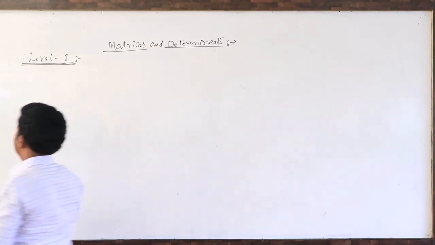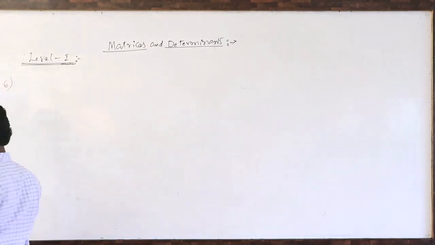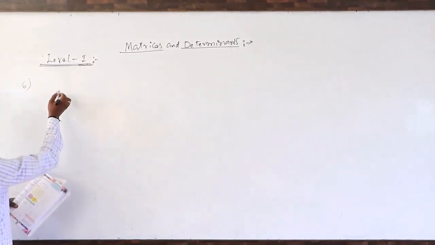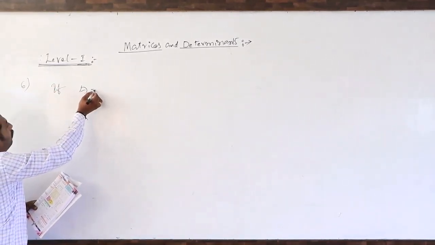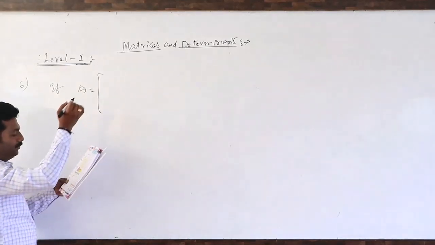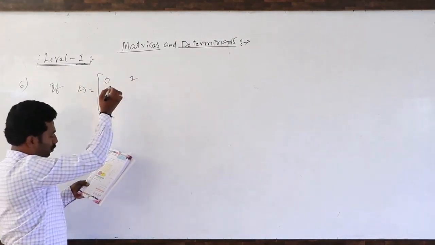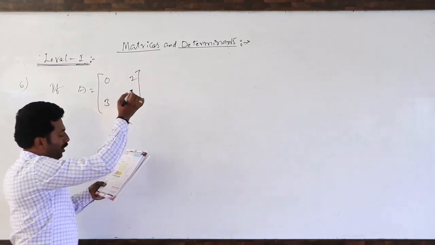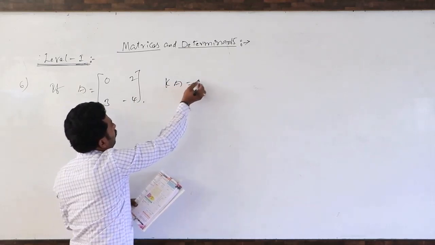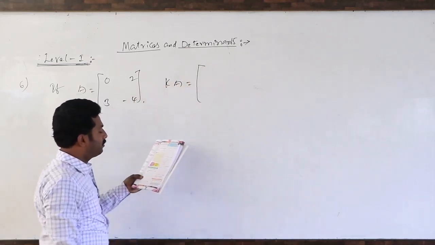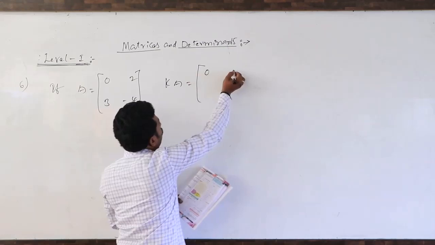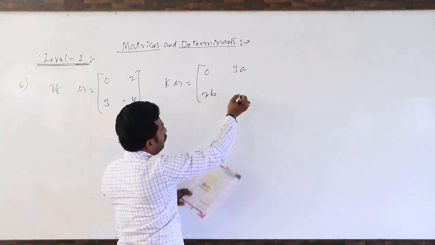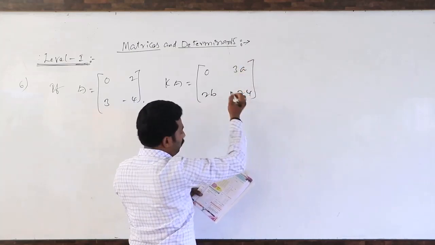Number 6. If A equal to 0 2 3 minus 4, kA means multiplication of a matrix by a scalar, 0 3A 2B 24.